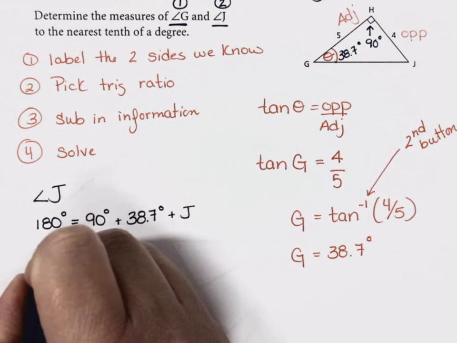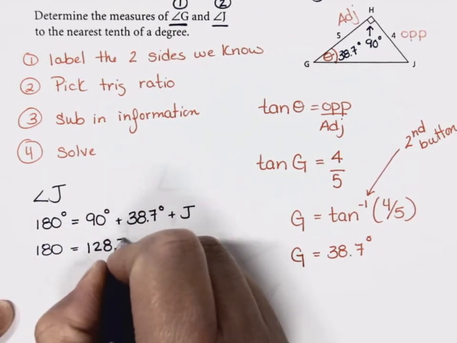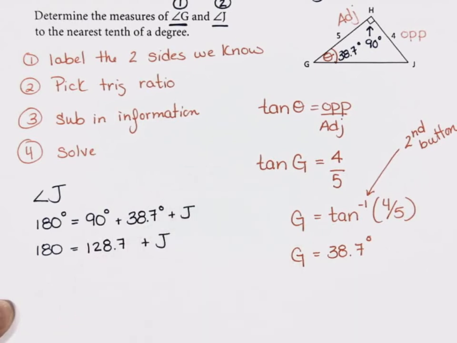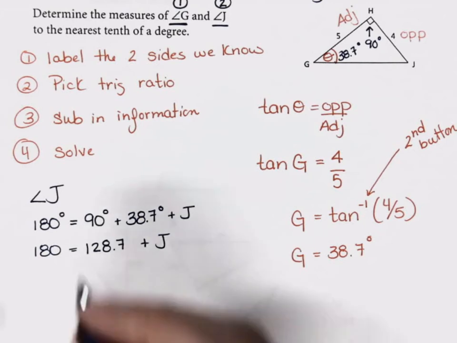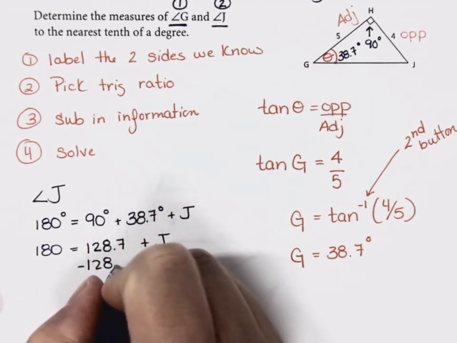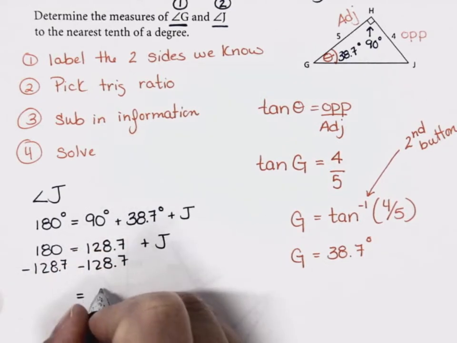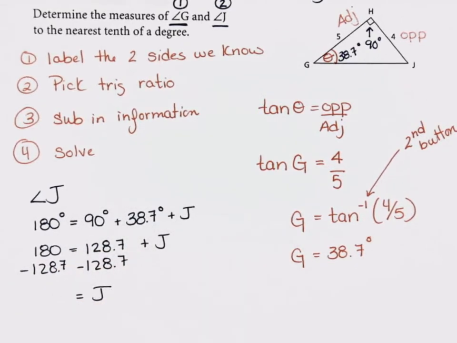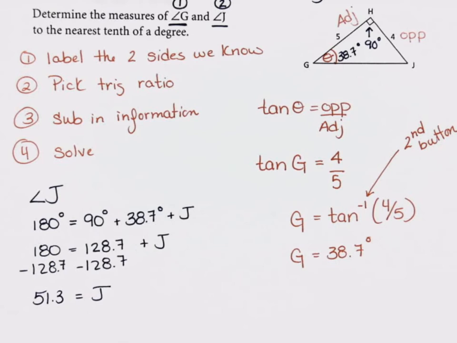If we add those two, it's going to be 128.7 plus J. How do I get J by itself? 180 subtract, yep. Anybody get an answer for me? 51.3. And what's my units of measure on that? Degrees, thank you.